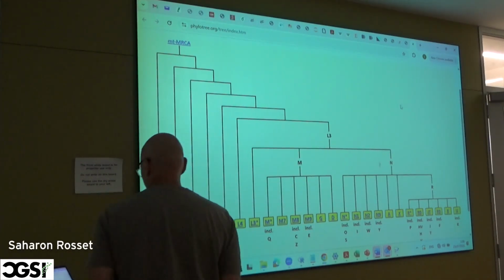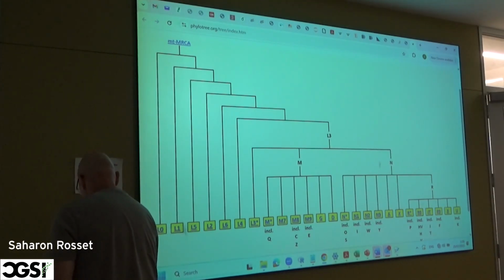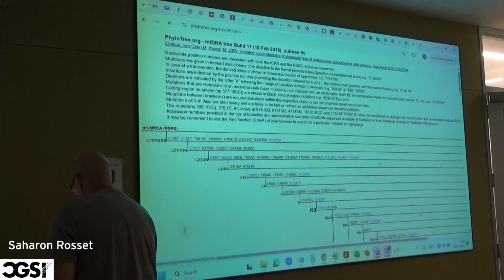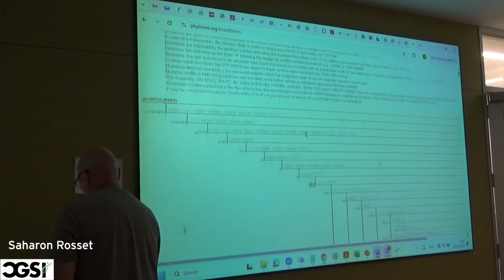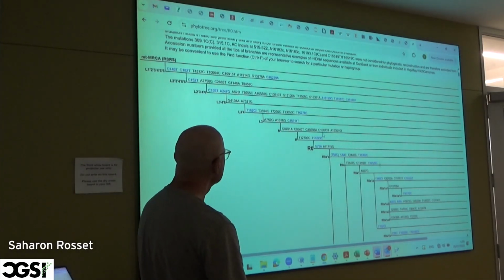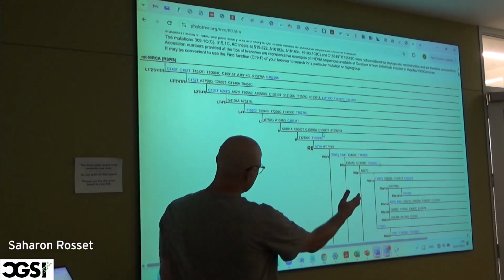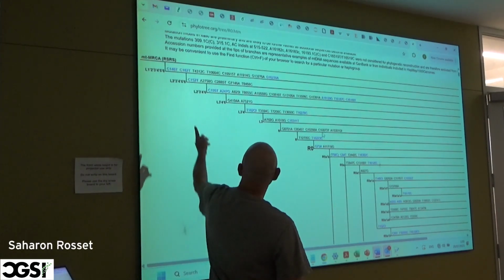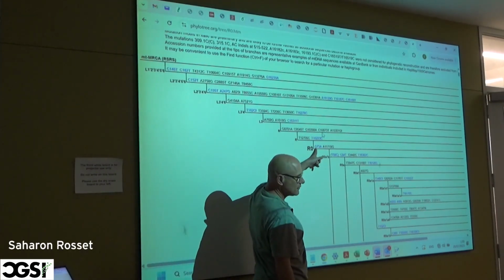So we can see a lot of human history in this tree, but if we're more interested in data, then we can look, for example, here we went into R0, which, again, most Europeans would actually sit under R0. So now the tree is lying on its side, and we've gone down to this subtree.